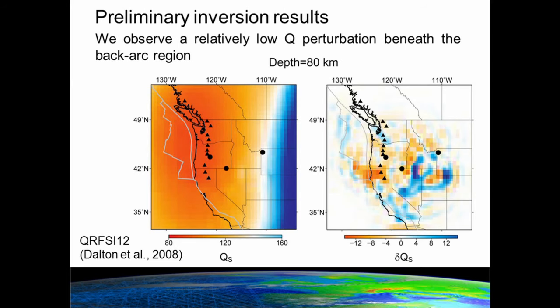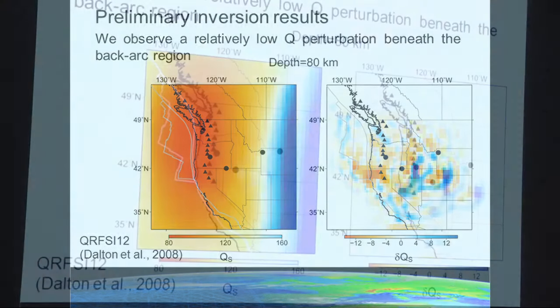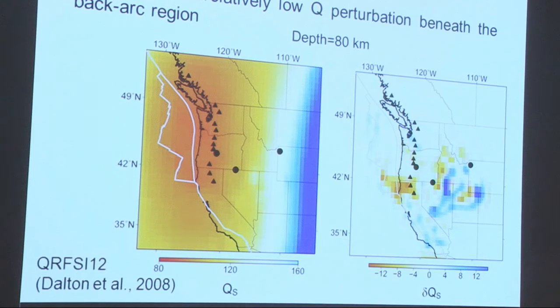Since we use a sparse distribution of stations and few events at this stage, we cannot resolve the detailed structure along the hotspot tracks very well. We think more iterations will follow and more data will be added later.